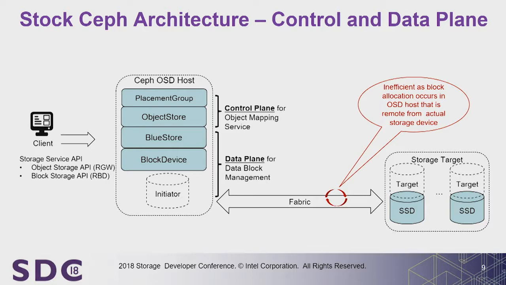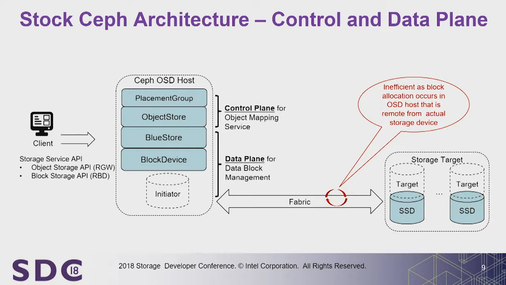You get an object, and there's a placement algorithm, essentially the CRUSH map, which determines the placement group for a particular object and the pool associated with it. We're referring to those as the control plane. Once the OSD actually gets the object, the details of where the data for that object must be placed on the device are taken care of by BlueStore and the layer below. We're referring to that as the data plane.